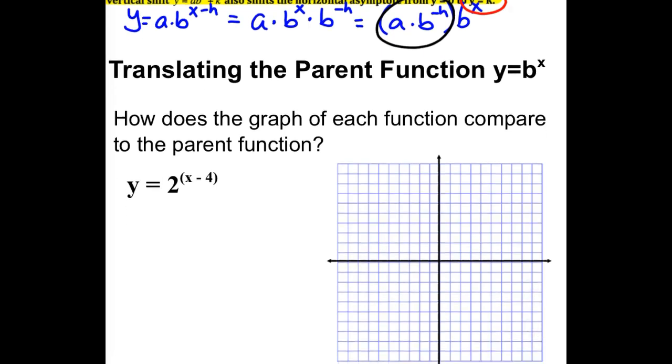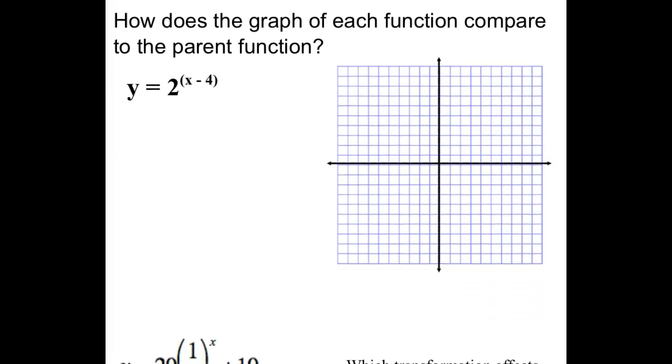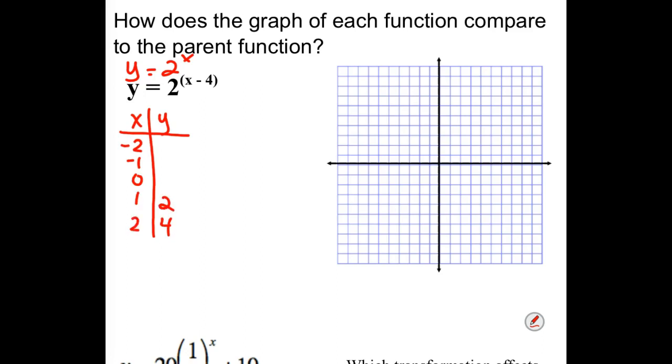Let's try moving a few here. The parent function would be what? Just 2 to the x? And we had a table for that a little bit ago. Right? 2 squared is 4, 2 to the first, 2 to the 0, and our negatives. Okay?